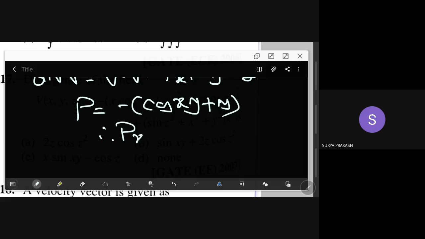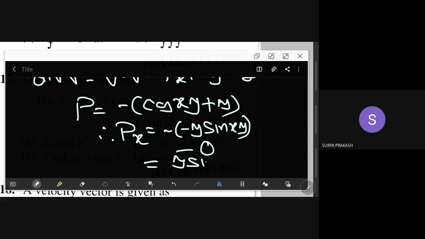Therefore, Px: treat y as constant. For cos, the derivative is minus sine, so minus y sine xy. Plus again you have y there, and since we are differentiating with respect to x, it is 0. So Px is y sine xy.